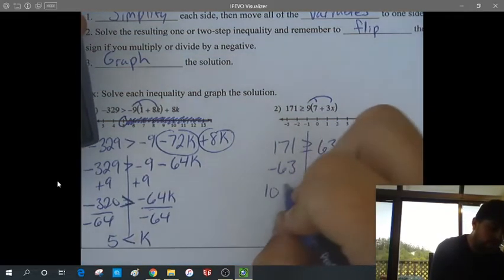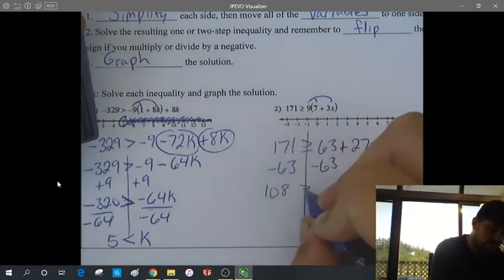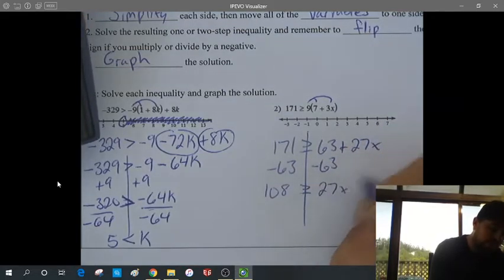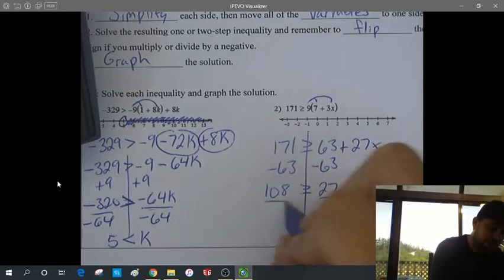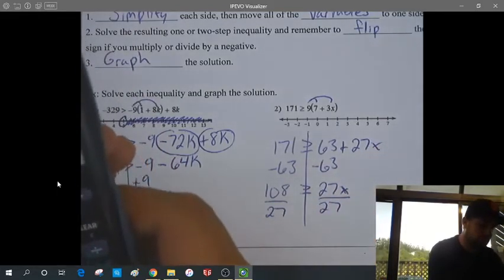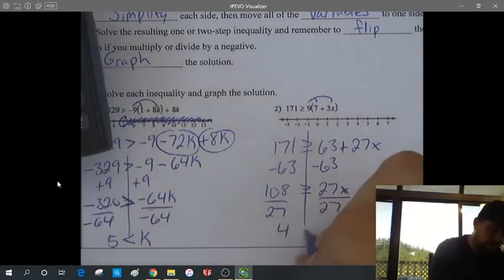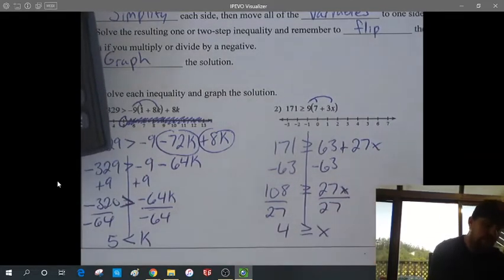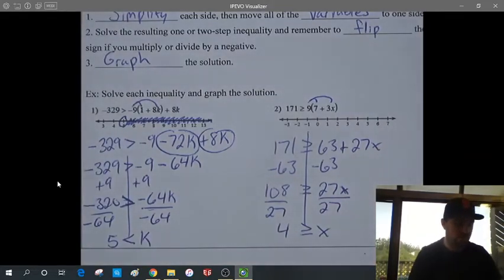We get 108 greater than or equal to 27x. Divide both sides by 27. And it's going to be 4 this time. And so we get 4 is greater than or equal to x. No need to flip the symbol on that one because we just divided by a positive 27.